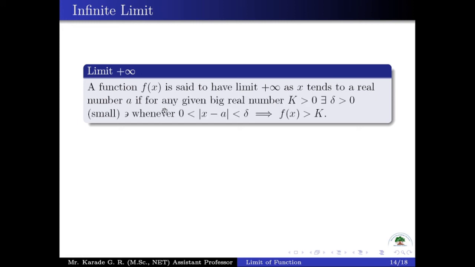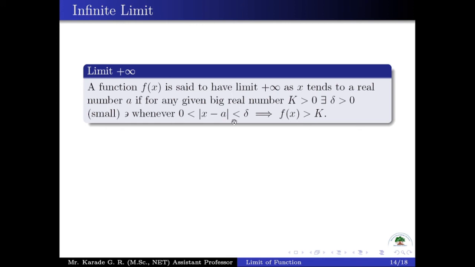If for any given big real number k greater than 0, there exists delta greater than 0, very small, such that whenever mod of x minus a is greater than 0 and less than delta, this implies values of f of x greater than k.